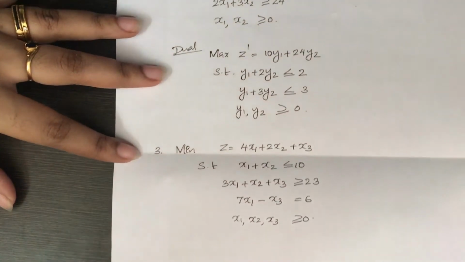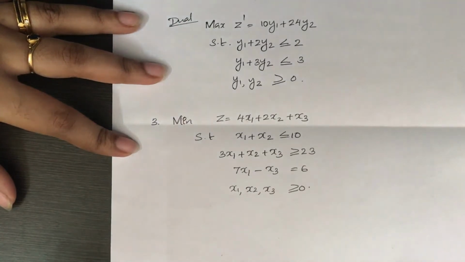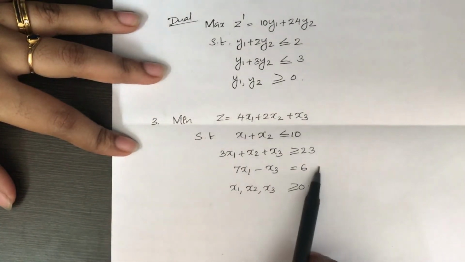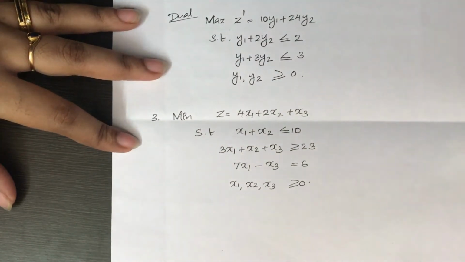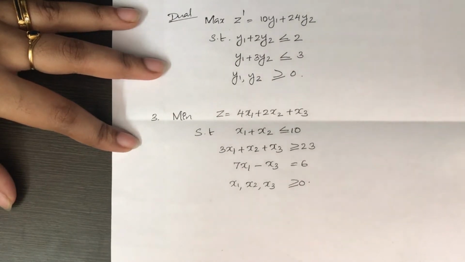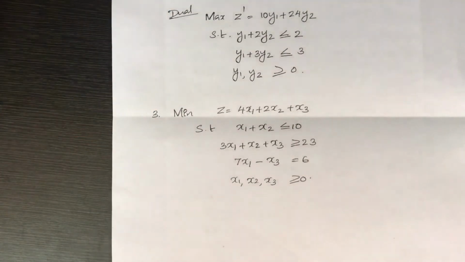Now we can look at another set of LPP, one having an equation. If an equation comes in the primal, its dual has an unrestricted variable, or if an unrestricted sign variable comes in the primal, the dual has an equation.